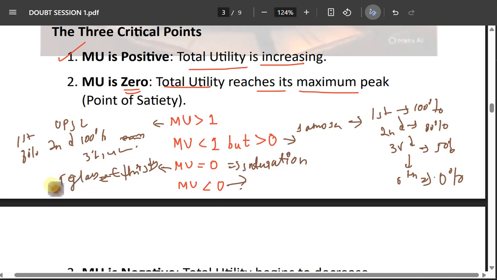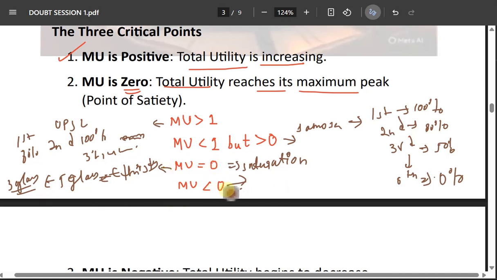Then your friend comes with 3 more glasses of water. What will you do? There is no satisfaction at all. That extra unit doesn't give any satisfaction, because your thirst has gone.